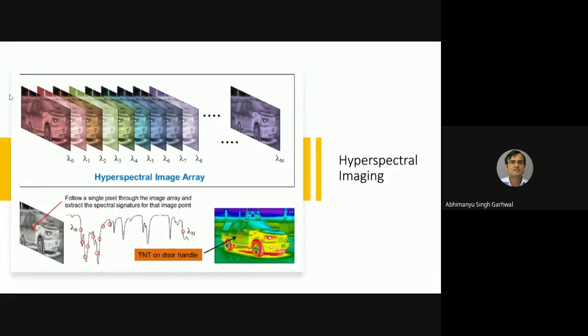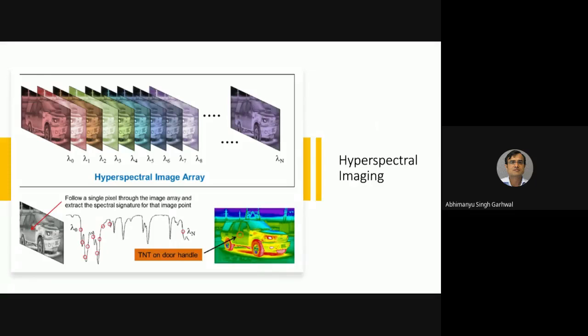Like this, you can see the same car image is captured as lambda 0. That means any wavelength, it might be 750 or 650. Then another lambda 1, lambda 2, lambda 3, lambda 4, like this up to lambda n, as many as you want, 200 wavelengths, 300 wavelengths. These two-dimensional pictures at different wavelengths contain different kinds of information, and from that you can extract the information as per your requirement.